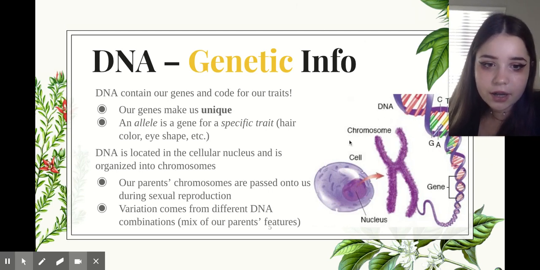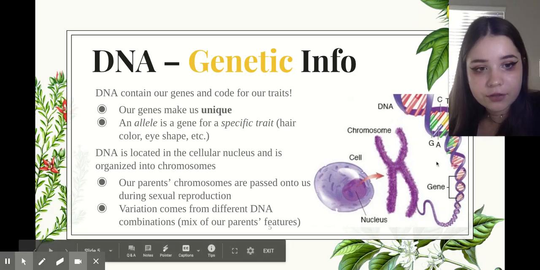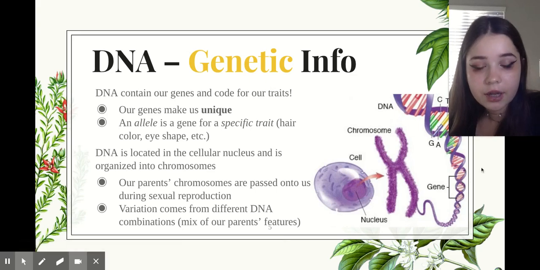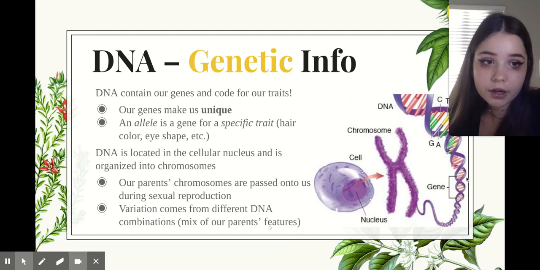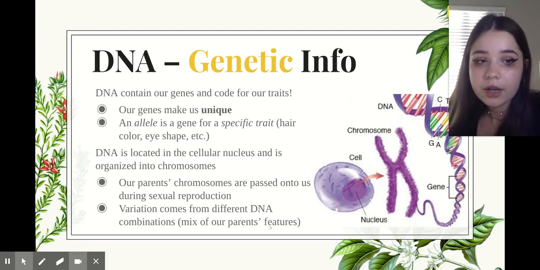So over here we have a cell and then there's a nucleus. Then over here we have a chromosome, right? Then here's our strand of DNA. And each section of DNA here is considered a gene. And if we're referring to a gene that codes for a specific trait like hair color or eye color, we call this an allele.